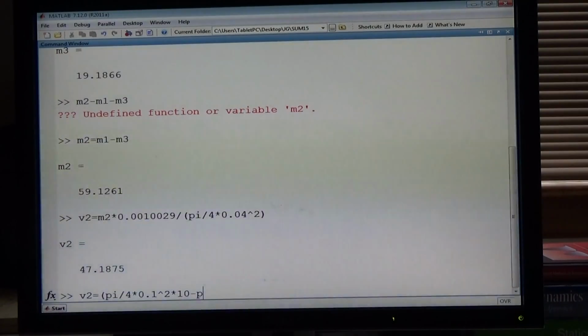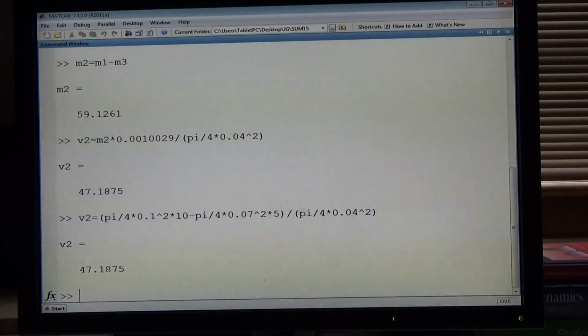Then we have minus pi over 4 times D3 squared, which is 0.07 squared, times V3, and V3 was 5 meters per second. And we divide that by pi over 4 times D2 squared, which is 0.04 squared. So V2, we get the exact same answer, 47.2 meters per second this way as well.